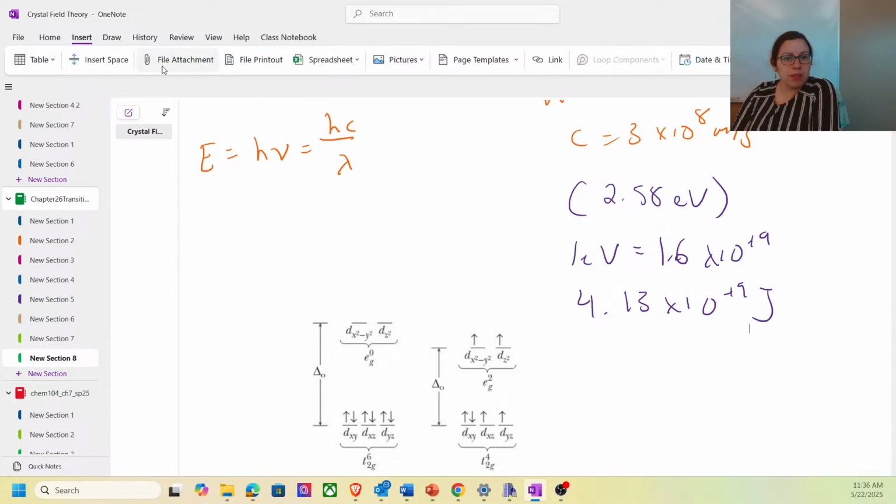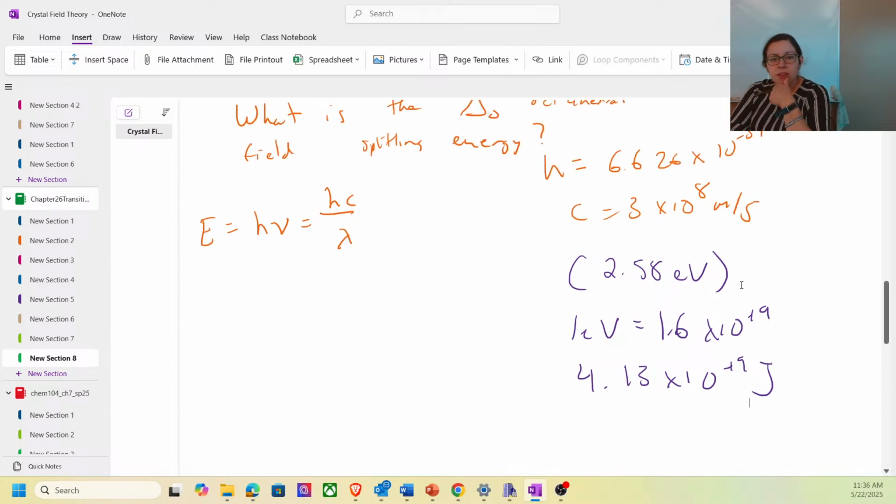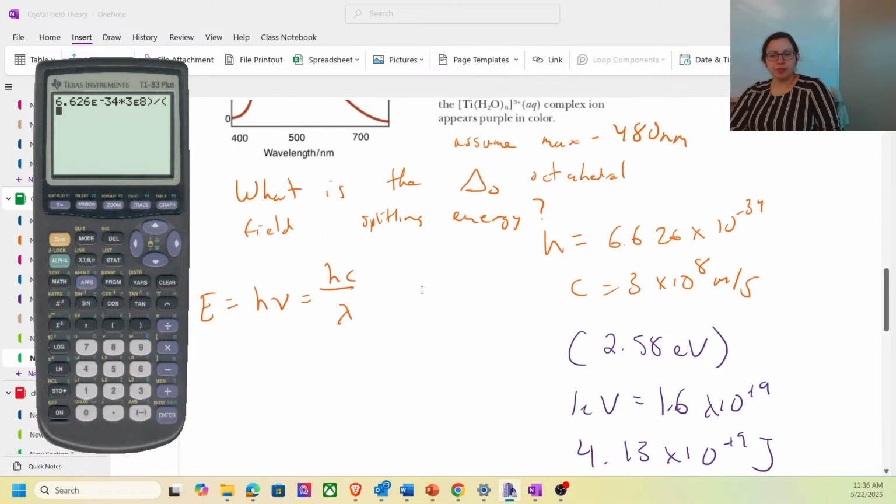which, did we get something similar if we plugged it in with Planck's constant and stuff? So I'll plug it in on the calculator just in case. So 6.626 times 10 to the negative 34 times our speed of light. And then remember, we have to convert the nanometers to meters, and I'm going to be lazy and just put 480 times 10 to the negative 9.